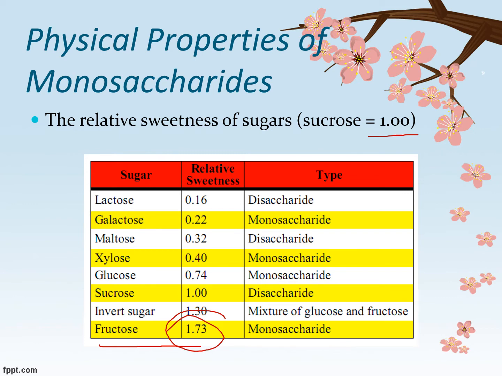Here you can see galactose, xylose, and fructose are monosaccharides, which means all of these monosaccharides are reducing sugars. Most disaccharides, like maltose, are non-reducing. Lactose is an exception. Lactose is a reducing sugar.